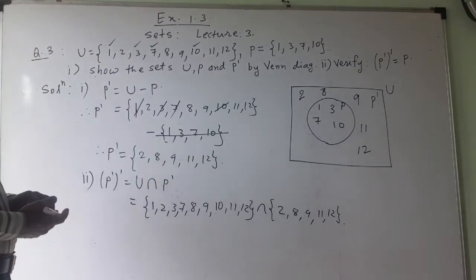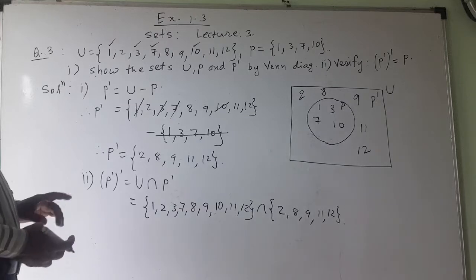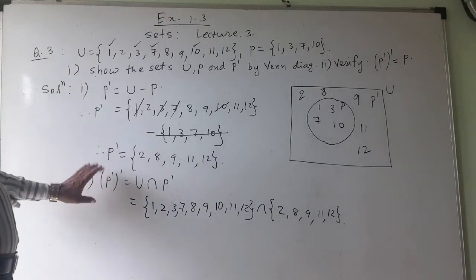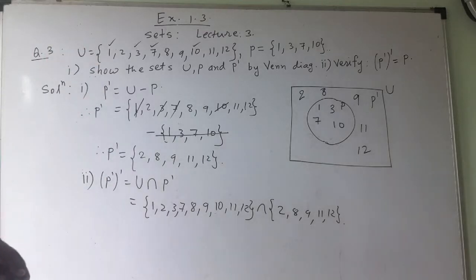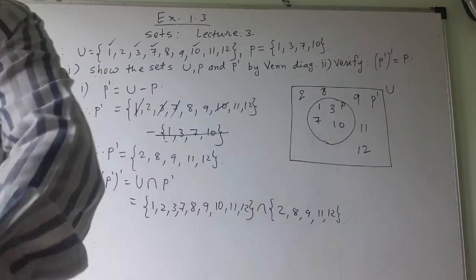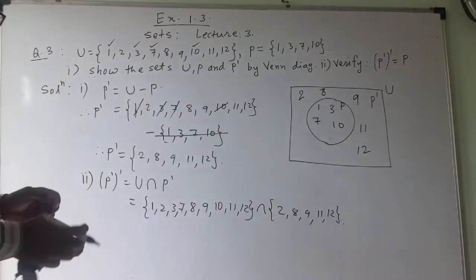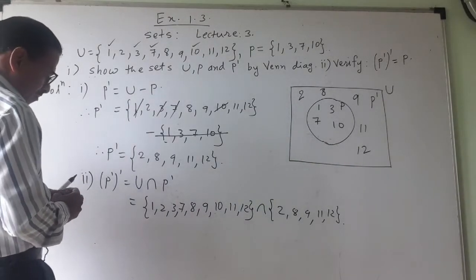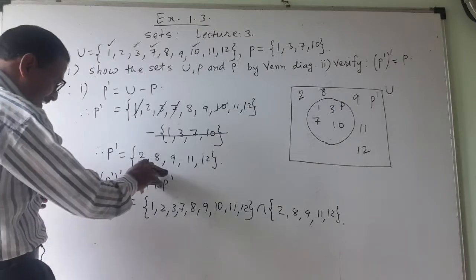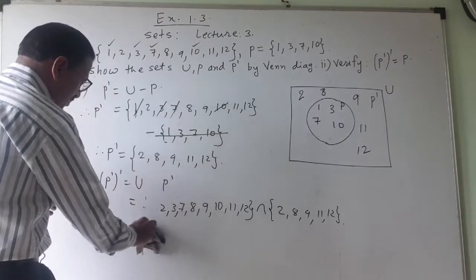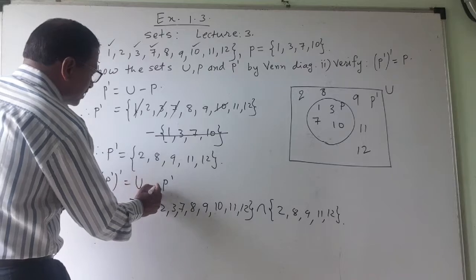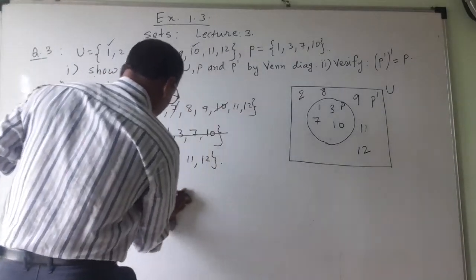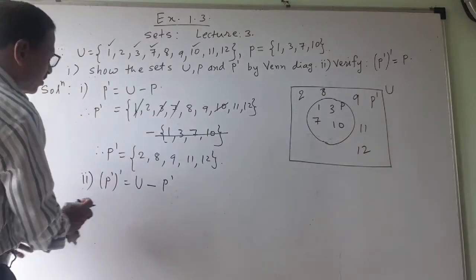Now the other way: the complement of P complement means U minus P complement.